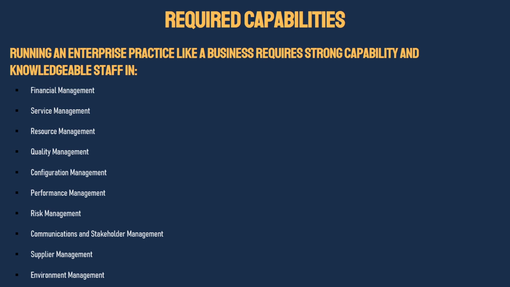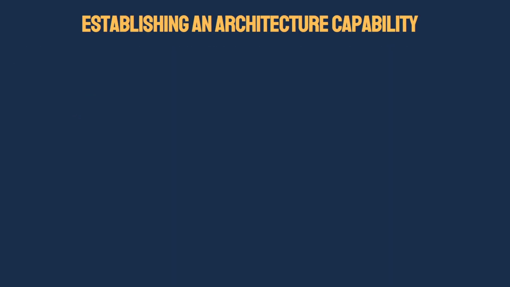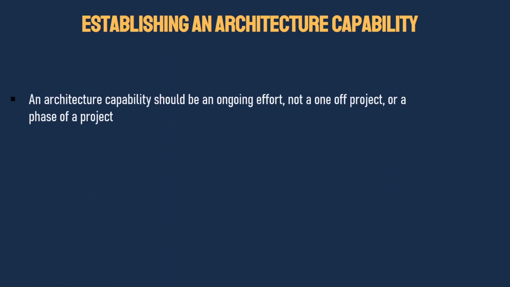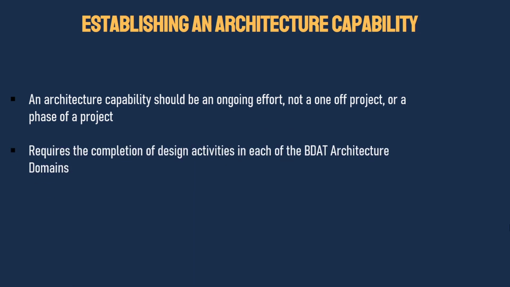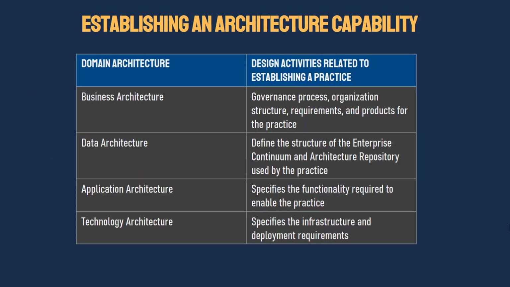An architecture capability should be an ongoing effort, not a one-off project or a phase of a project. It requires the completion of design activities in each of our BDAT architecture domains. For our business architecture, we have to have activities related to governance process design, organizational structure design, and the products for the practice.